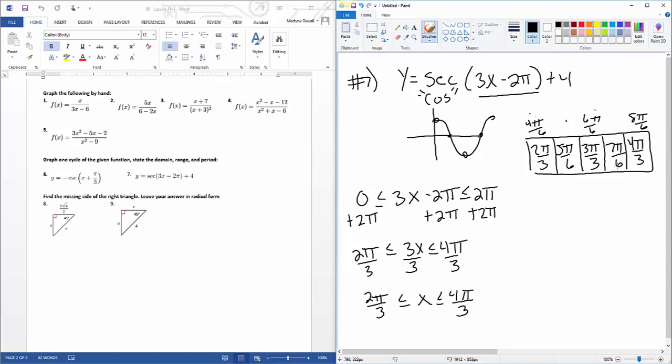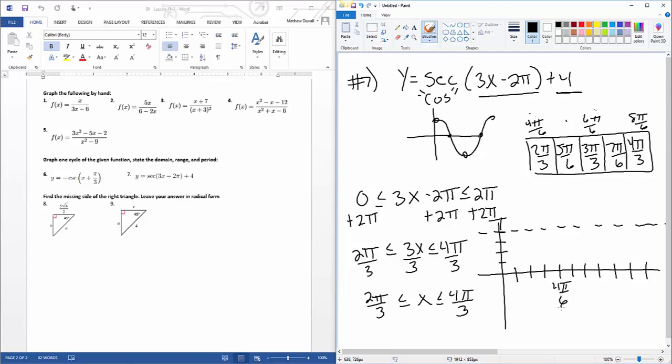So now I can label everything on my graph. The vertical shift is plus 4. And it's going to start here at 4 pi 6.